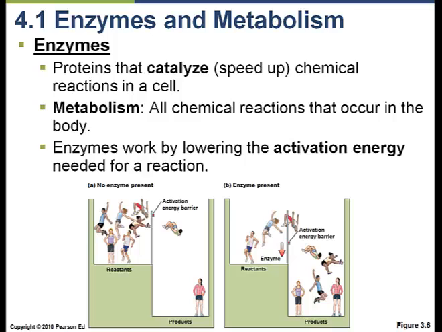The reactants will become products, or they would become products, it would be more accurate to say, if that activation energy barrier was not present. What an enzyme does is it lowers that barrier that prevents the reactants from becoming products. And so a good question would be, how does this occur? And the answer to that is as follows.